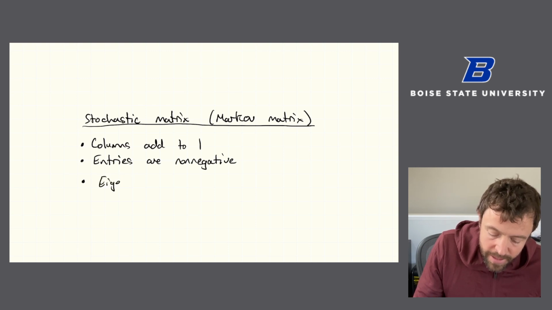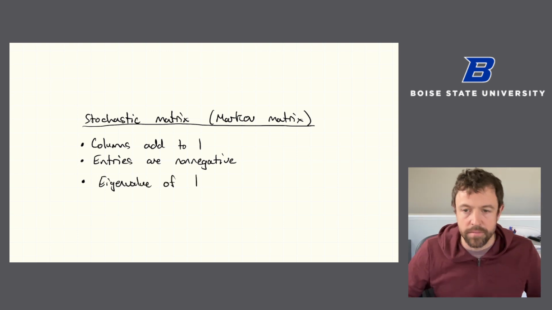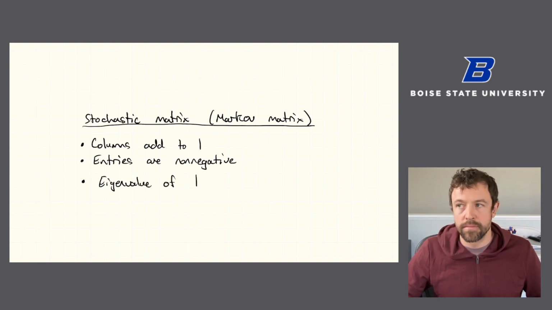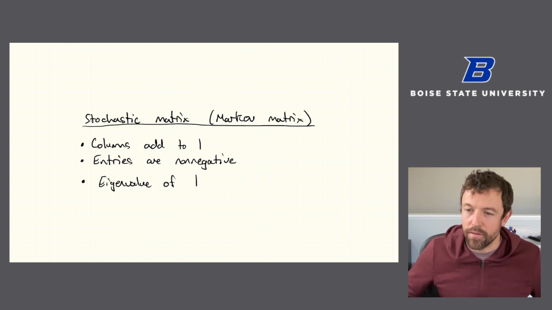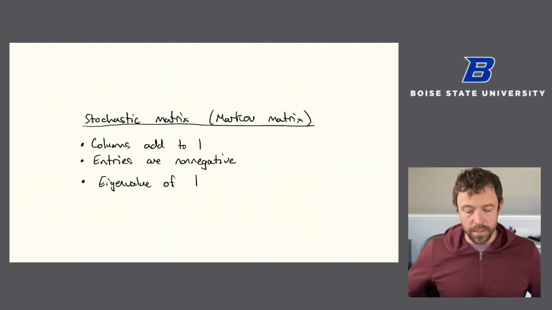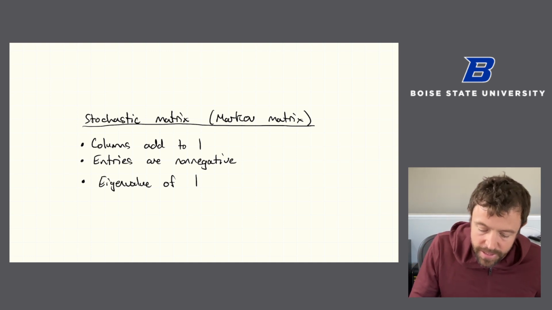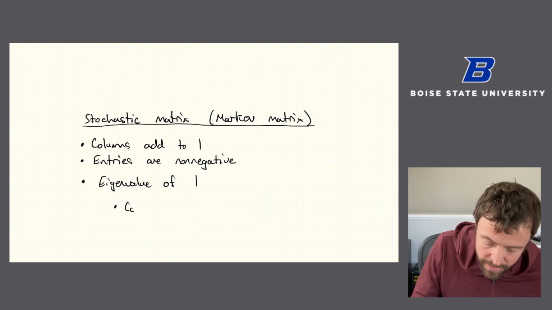You always get an eigenvalue of 1, which is not at all obvious, but you always do. There's always going to be an eigenvalue of 1. And what this means in the context of the question is that this corresponds to a steady state solution.